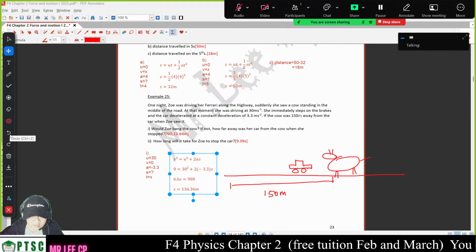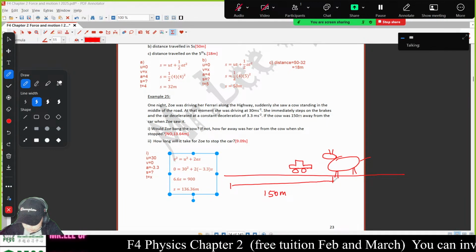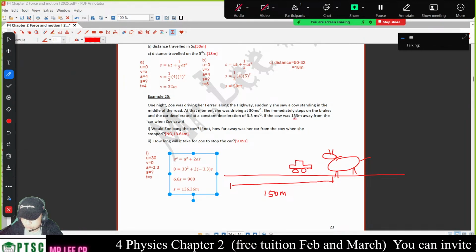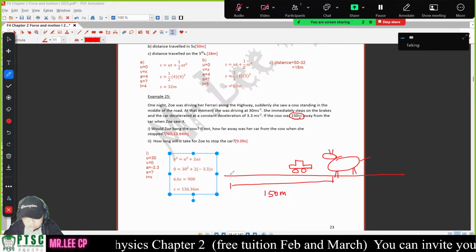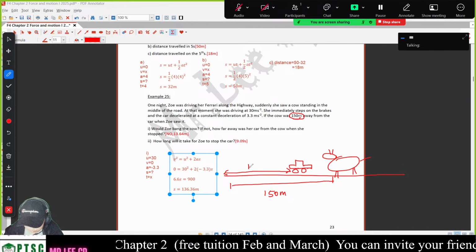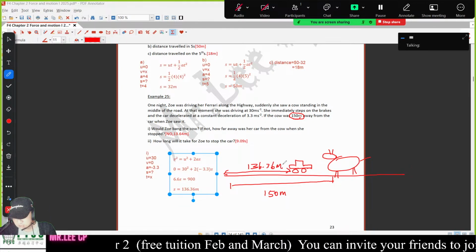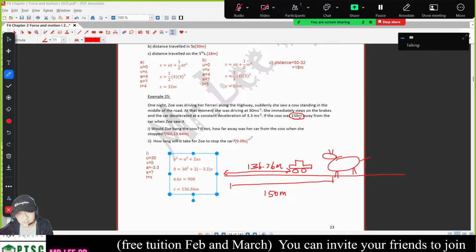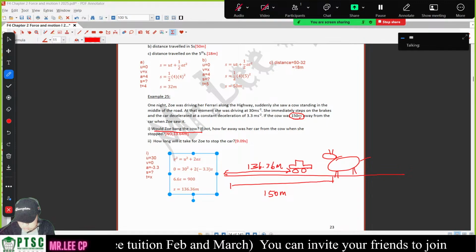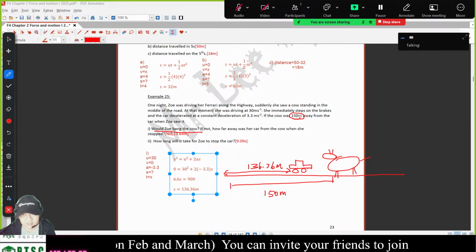As I told you just now, how far do you move? The cow is 150 away from you, right? So you stop. You move 136.36 meter. So my question is, would Joey bang the cow? Answer is no. Why no?